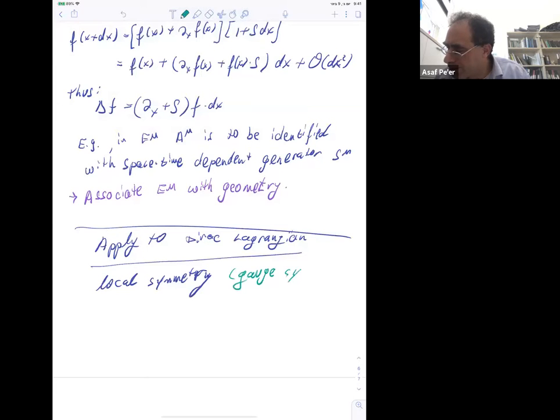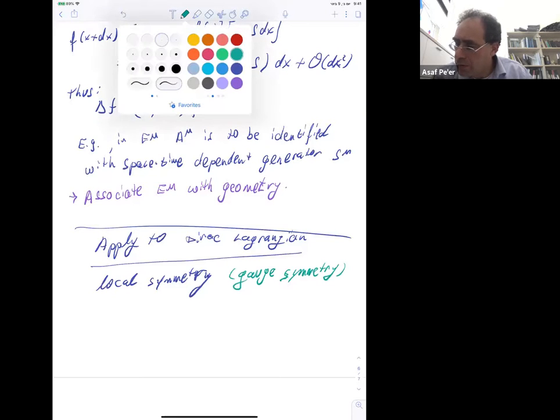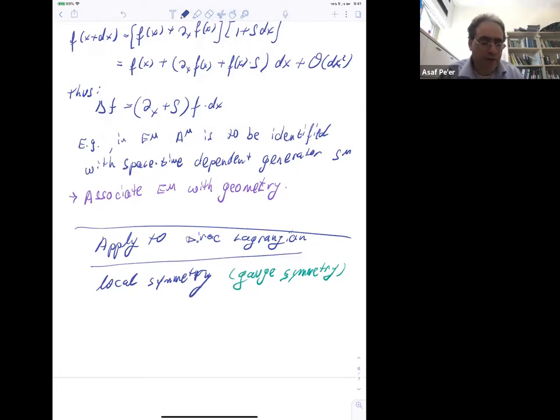Gauge symmetry is one that involves a local transformation.